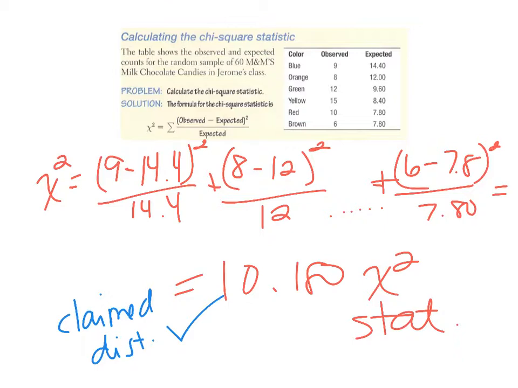Or my other option is that the claimed distribution is incorrect, and that as Mars fills their bags of M&M candies, they're not putting 13% red ones in there or anywhere close to that. So with that large chi-square value, those are our choices: that it was due to sampling variability, or that the distribution is incorrect.